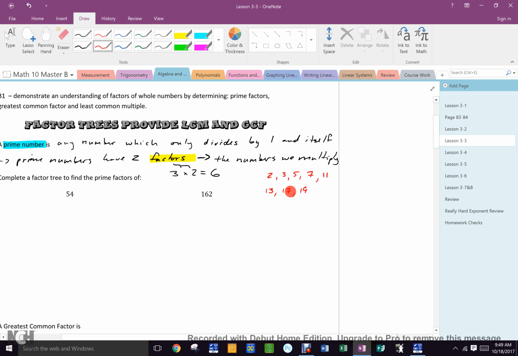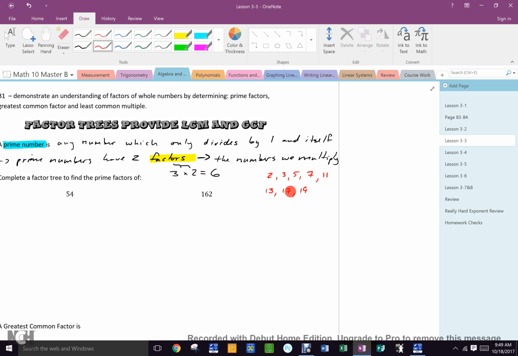The next one's 23. The next one after that is 29. The next one after that is 31, then 37. Then 41, then 43, then 47. There's no pattern to them. That's why they're so wicked awesome. There's no way to guess when the next one is.